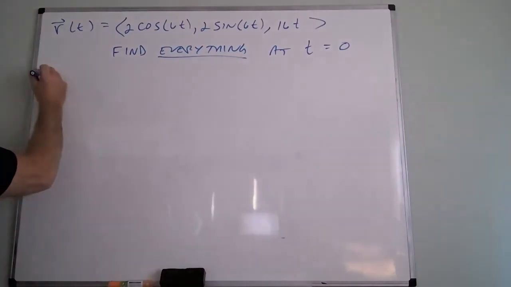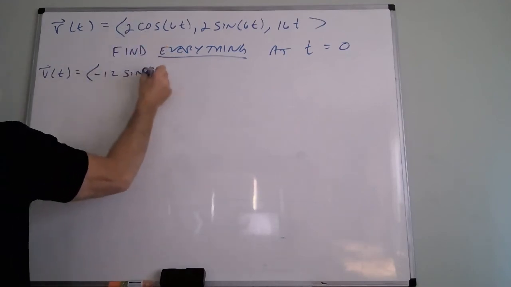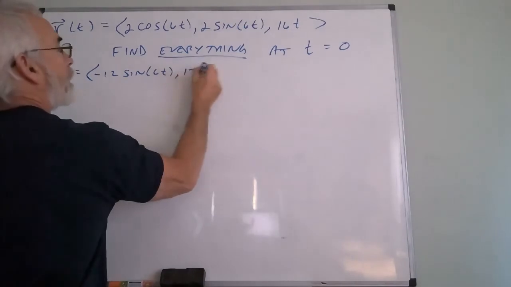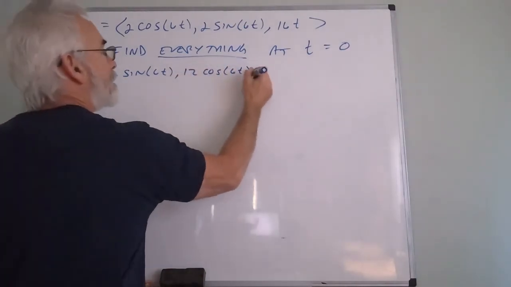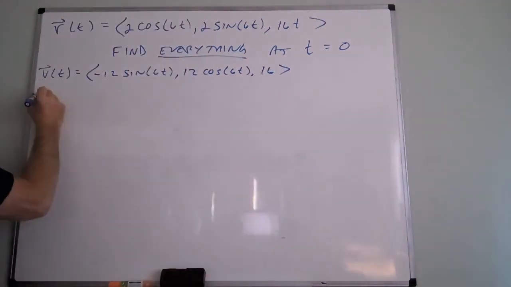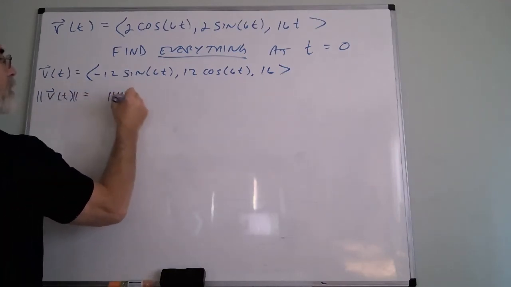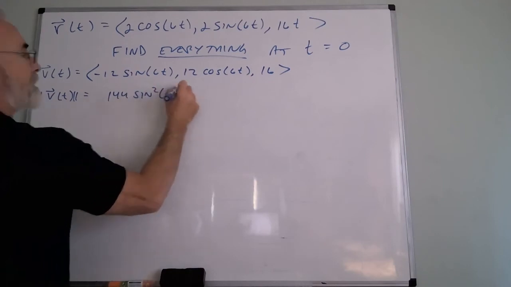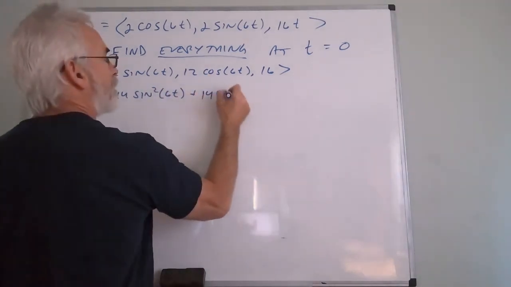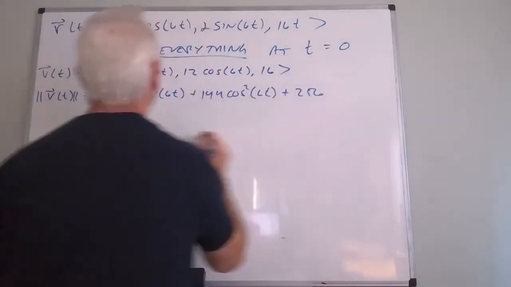So let's start. So v of t is negative 12 sine 6t, 12 cosine 6t, 16. The length of v of t is the square root of this, 144 sine squared 6t, plus the square of this, 144 cosine squared 6t, plus the square of that.